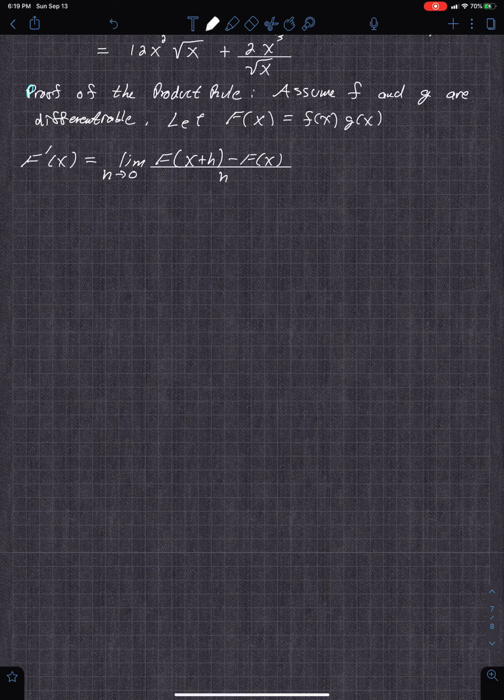So that then is equal to the limit of f(x+h) times g(x+h) minus f(x)g(x) all over h as h approaches 0.